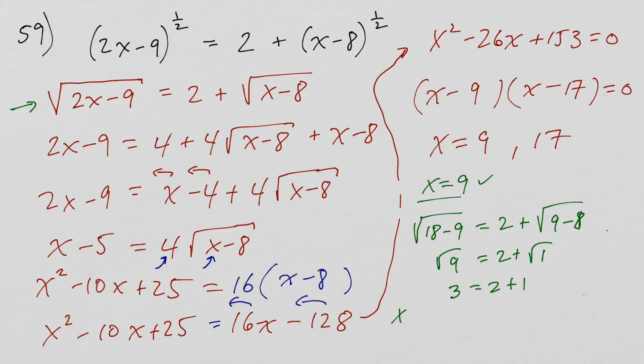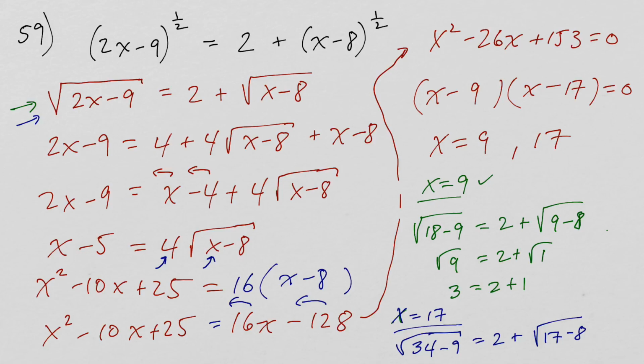Now let's check if x is equal to 17. I'm plugging it in right here. The square root of 2x is 34 minus 9. Is this equal to 2 plus the square root of 17 minus 8?